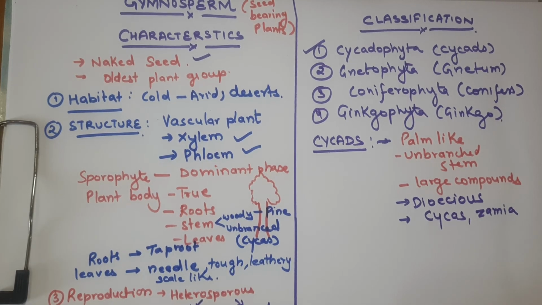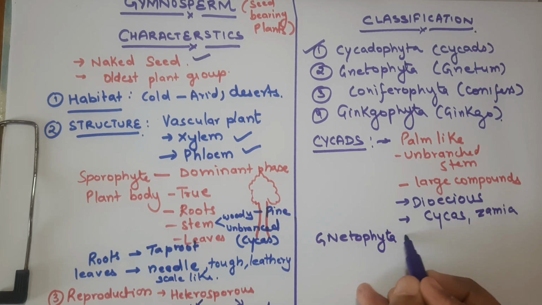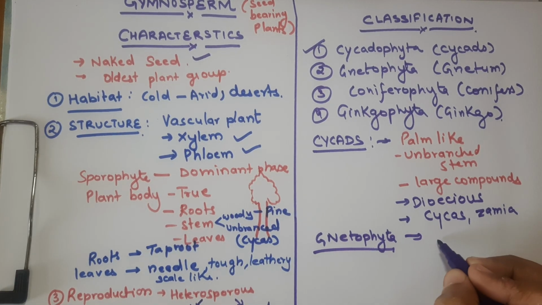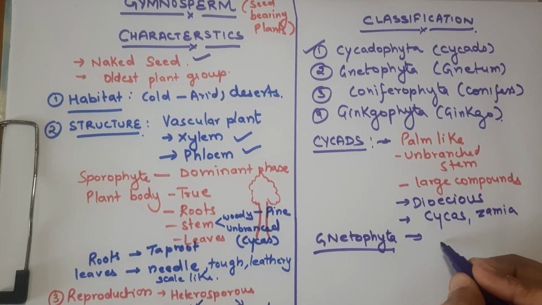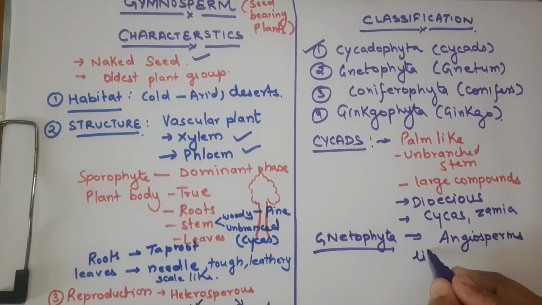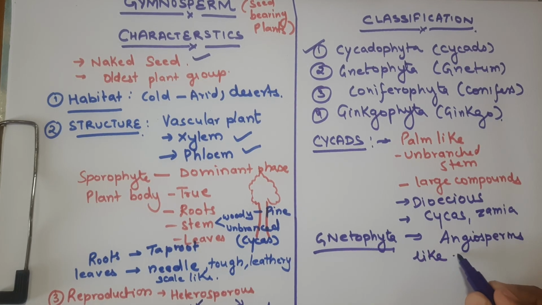Okay, now let's talk about the Gnetophyta. Okay, and gymnosperm. Here those species that have angiosperm-like features are included in this group.